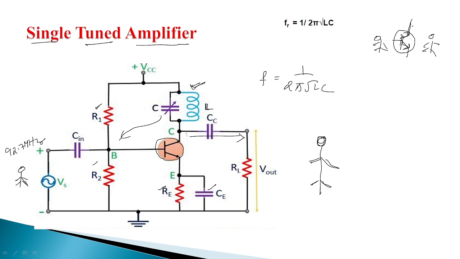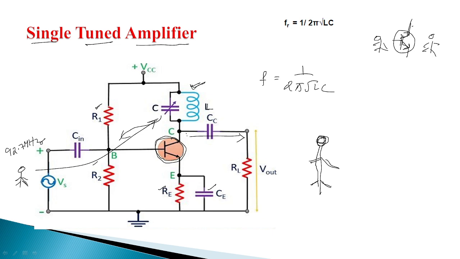In this case, the circuit will reject other unwanted signals. It will stop other unwanted frequencies. At this stage, it has more impedance to reject other unwanted frequencies, and when the input signal frequency is equal to the resonant circuit frequency, that is the tuned circuit frequency, the amplifier will amplify and transmit towards the output side.